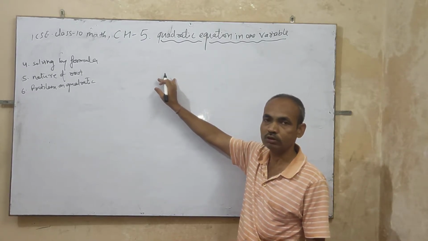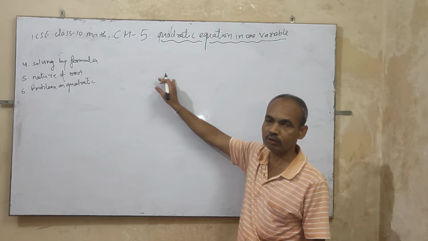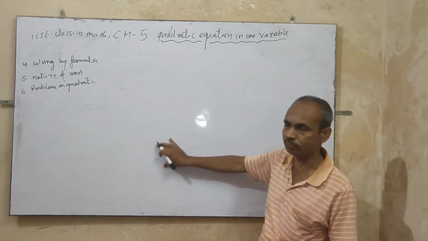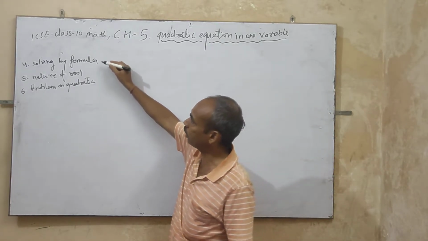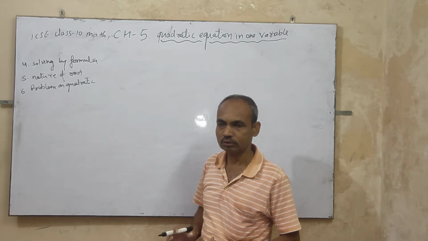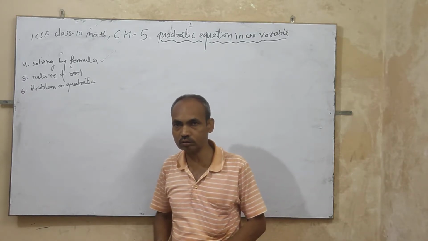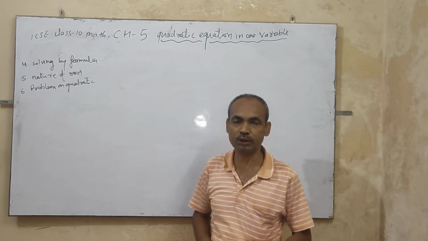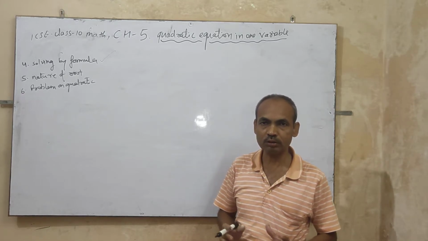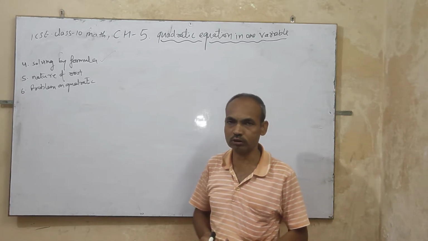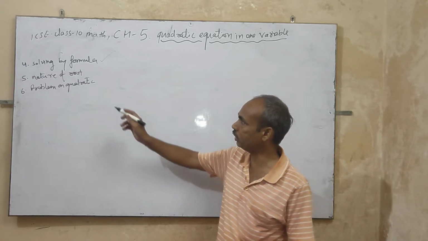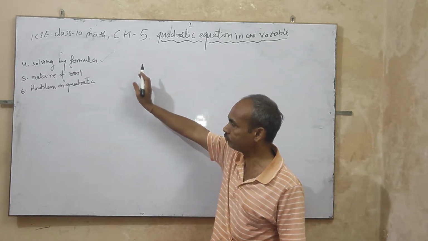In this second video, you will learn solving by formula, because sometimes there is no splitting, no common factor in the quadratic equation, then the factorization system is not working well, and you can use the formula.